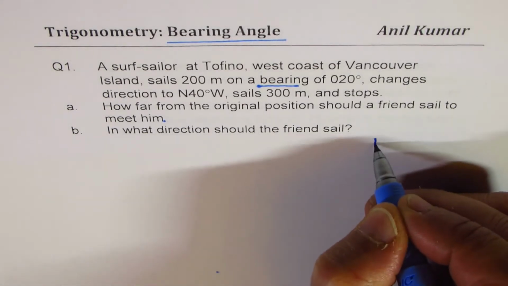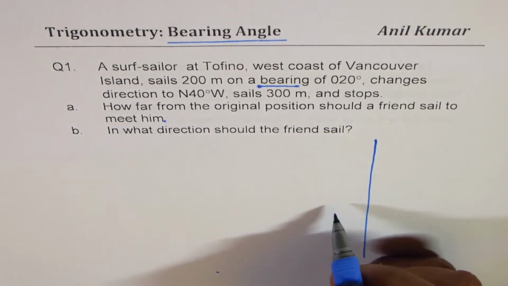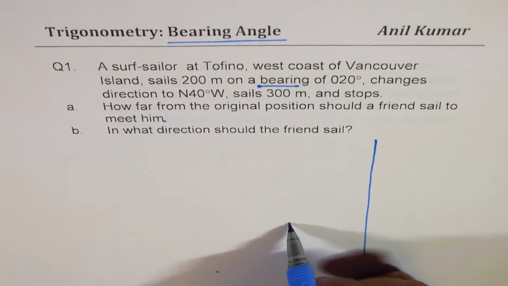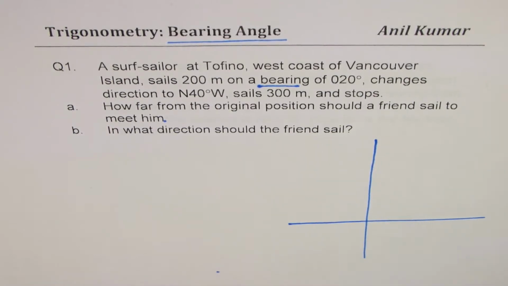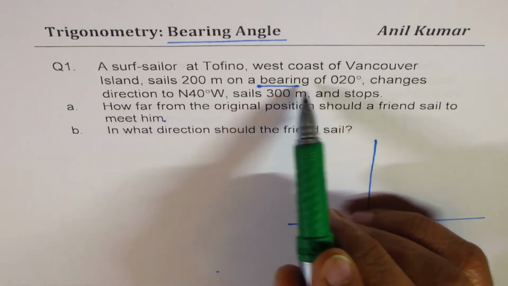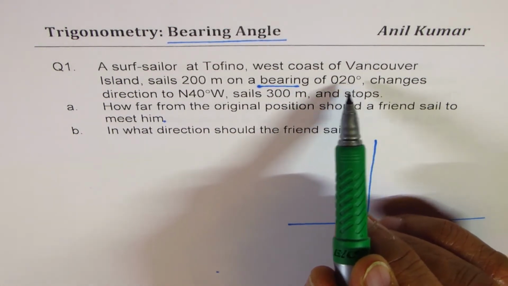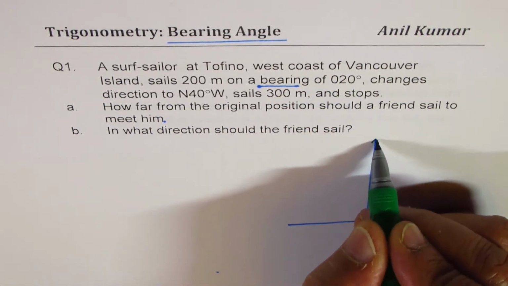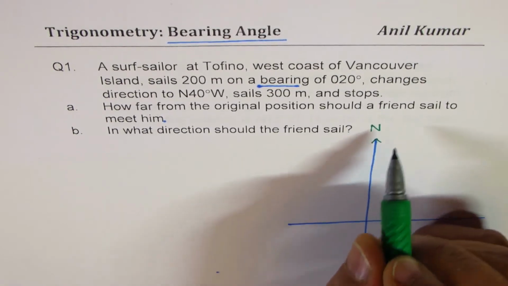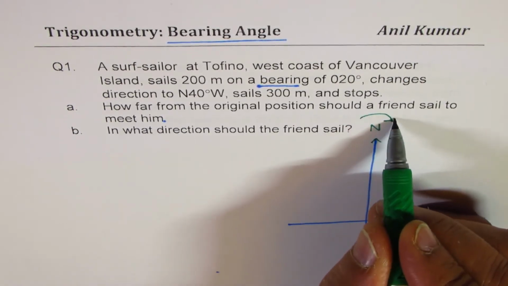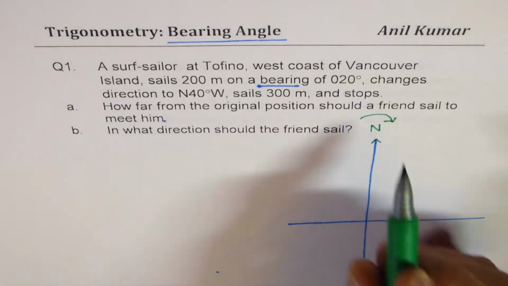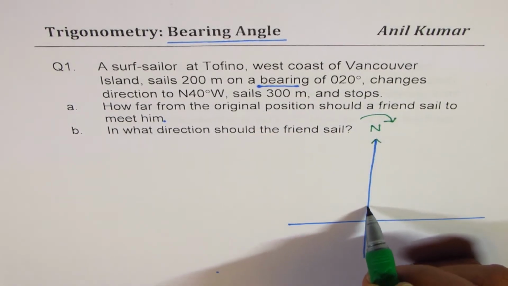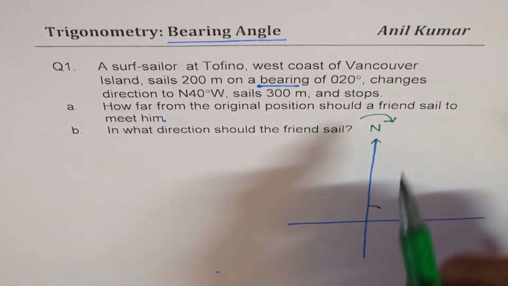So let us make a diagram here, which is kind of critical to understand all such questions. Now, when we say bearing of 20 degrees, it means from north, right? So we are always measuring angles from north going clockwise. 20 degrees clockwise, so from here 20 degrees.